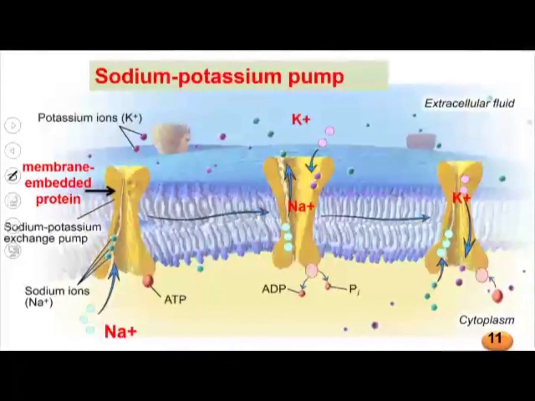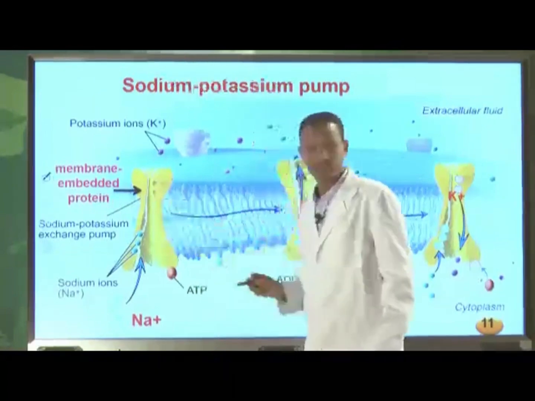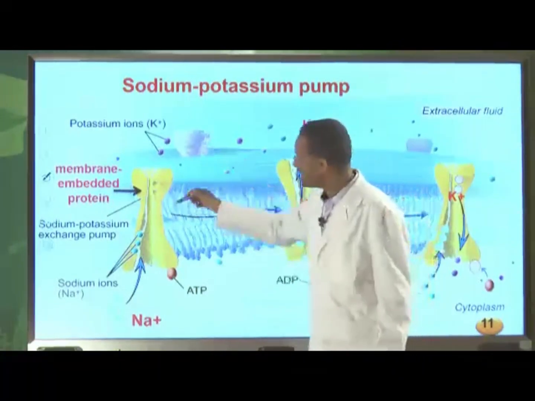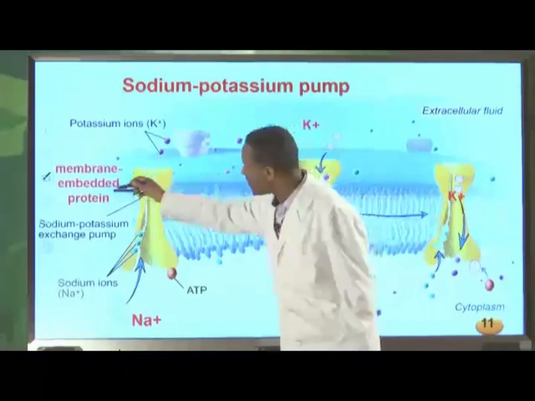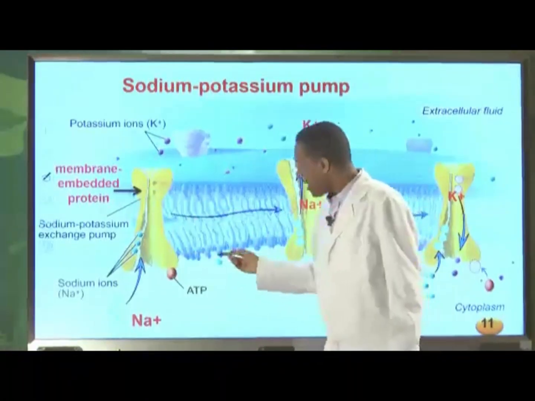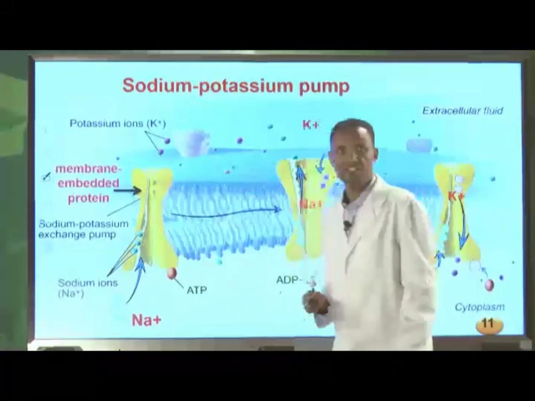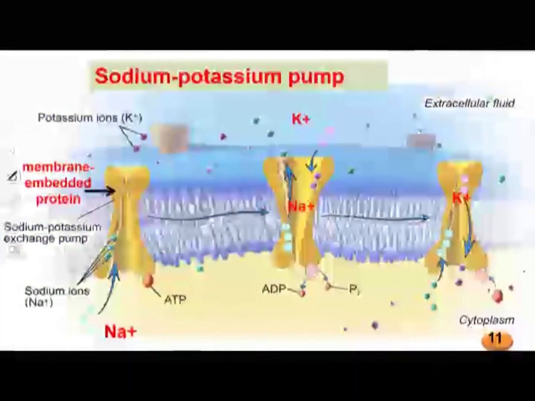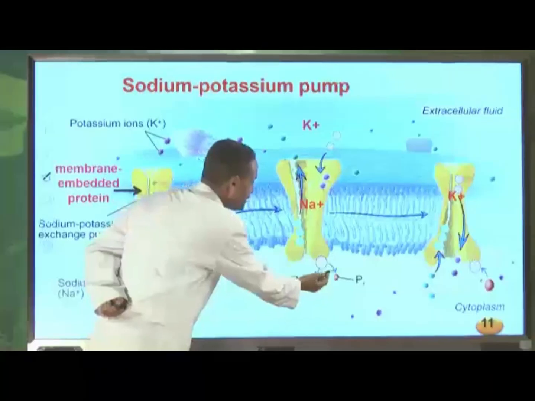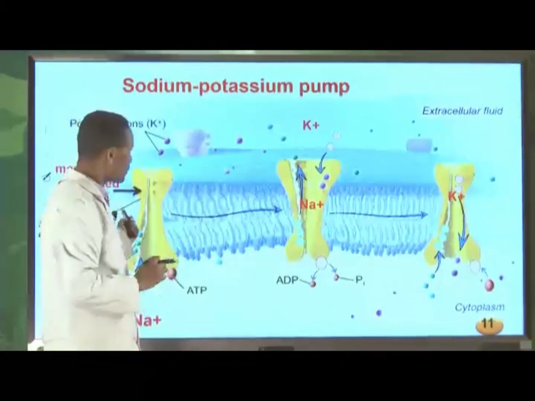Therefore, by the process of the sodium-potassium pump, the membrane-embedded protein, look, this yellow one, which is a protein embedded in the cell membrane of the cell, works. When it attaches with ATP, it is closed from the outside direction of the membrane. But when ATP is hydrolyzed, potassium becomes attached to this membrane-embedded protein.